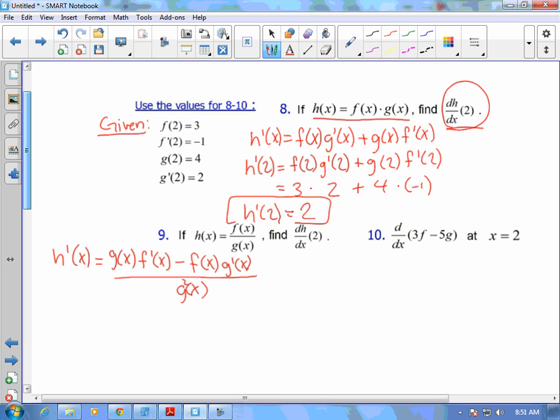And now we actually know values for all of these. If I'm doing correct notation, and you guys have to work on your notation, some of your homework was looking kind of sad, if I'm plugging in a 2, I should show it.